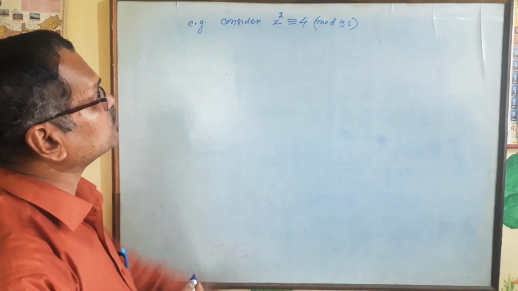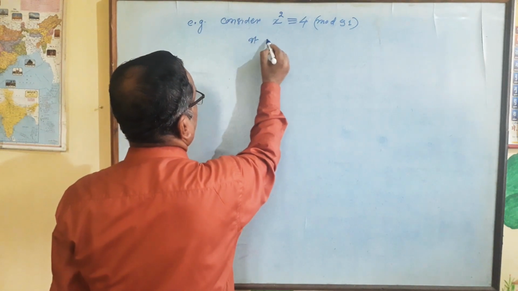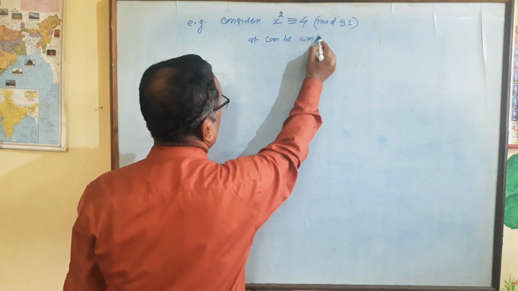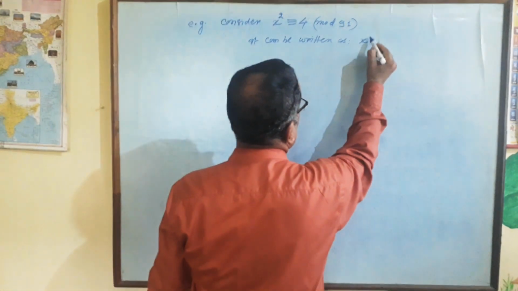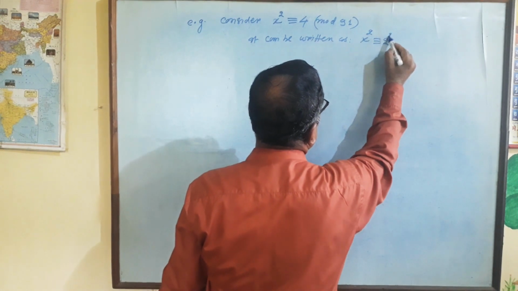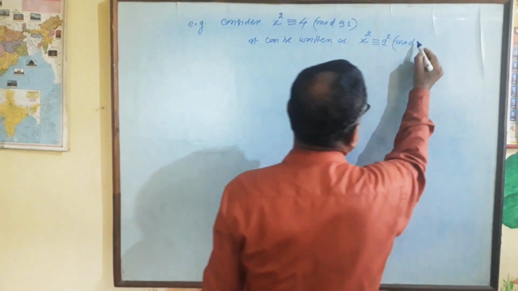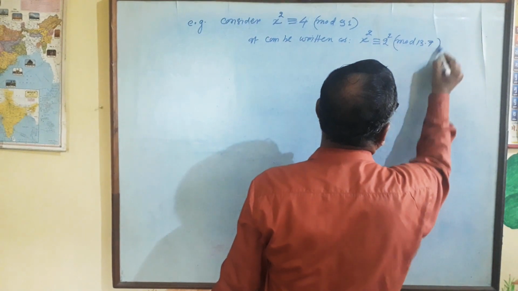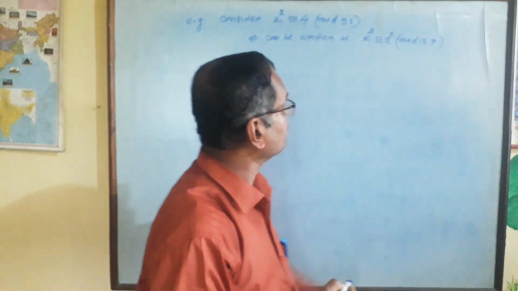It can be written as x square congruent to 4, a perfect square, the square of 2, mod 91. Now 91 can be written as the product of 13 into 7, so 91 means 13 into 7.